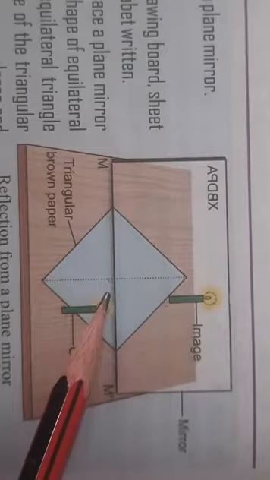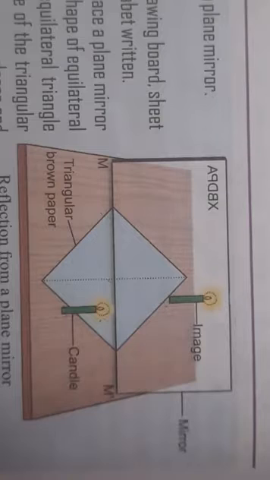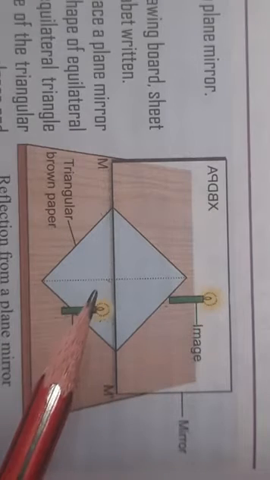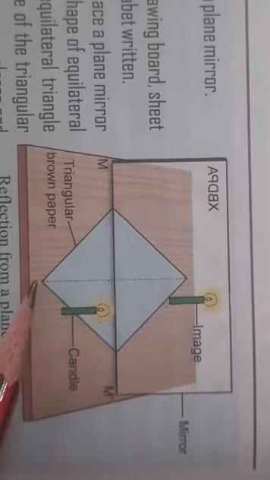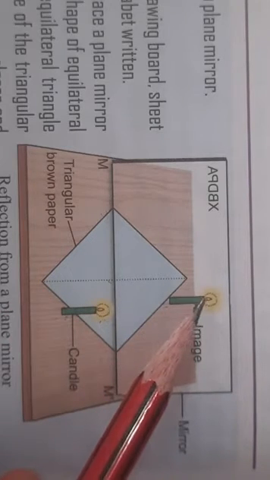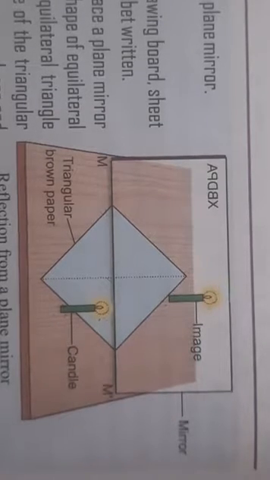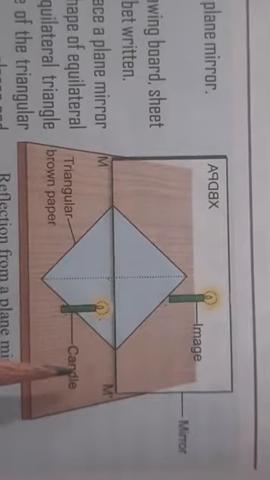So whenever you move the candle away from the mirror towards the tip of the triangle, the image will also move back. Children, you can try this activity at home. And when the candle is moved from right to left, the image also moves in the same direction.